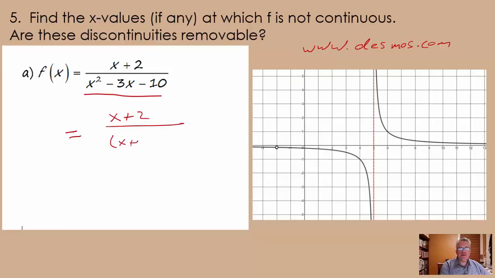The denominator factors into x plus 2 times x minus 5. We see the factors of x plus 2 cancel, so x equals -2 is where a hole is. In fact, as x approaches -2, this approaches 1 over -7, and that's right there. So there's a hole in the graph there. So that's a removable discontinuity.